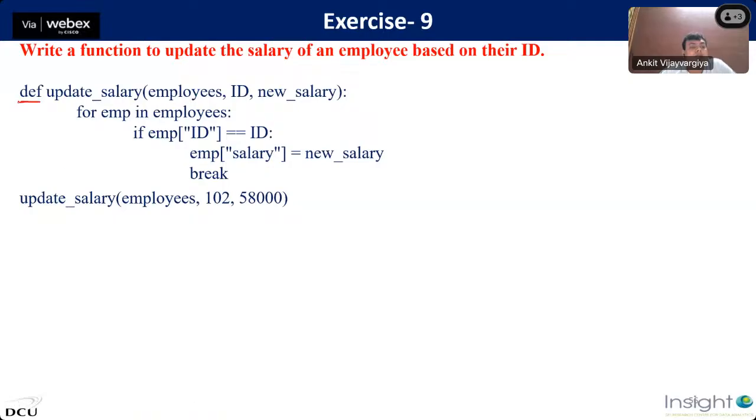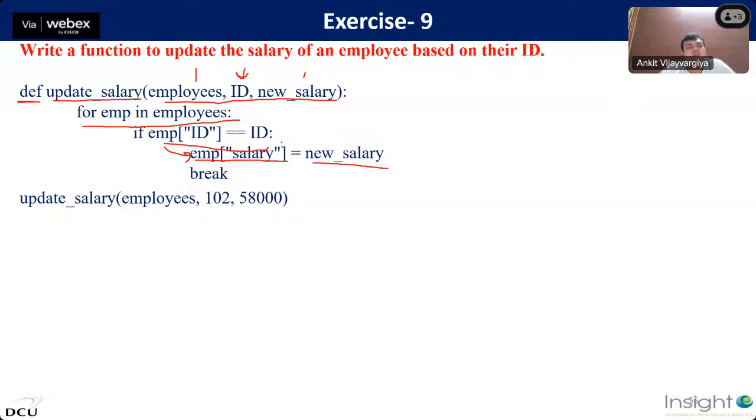So def is again the keyword for the function. Then this is the function name. Then this is the employee ID and new salary, because this is the list. We have to check that ID and then update the salary. So again, same thing: for employee in employees, then check the ID. If the ID is matched, then it goes into the if block, and the salary of that employee is changed to the new salary.